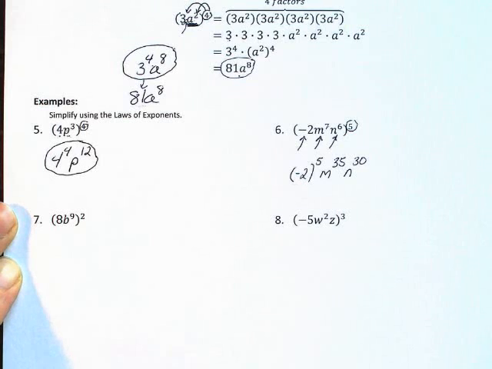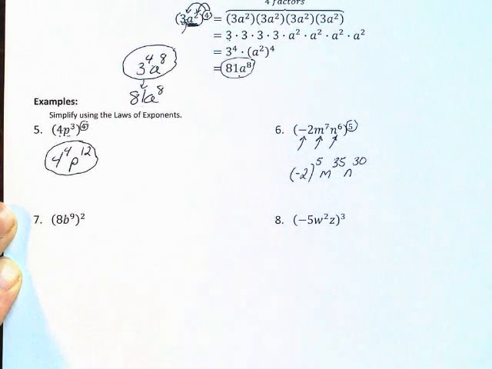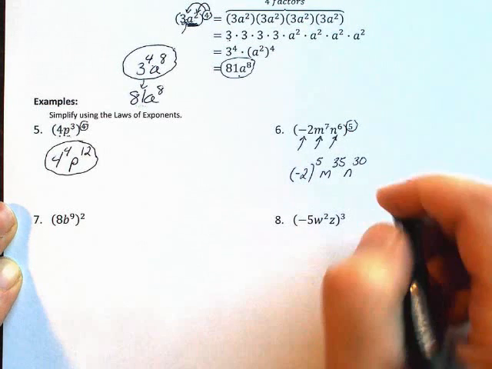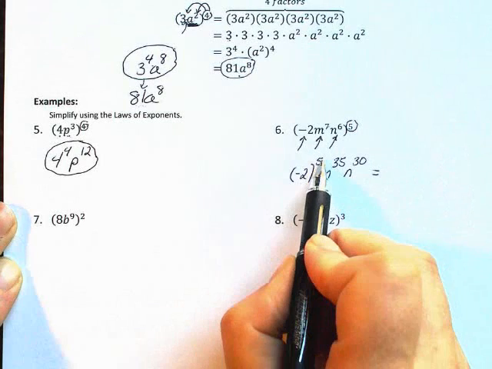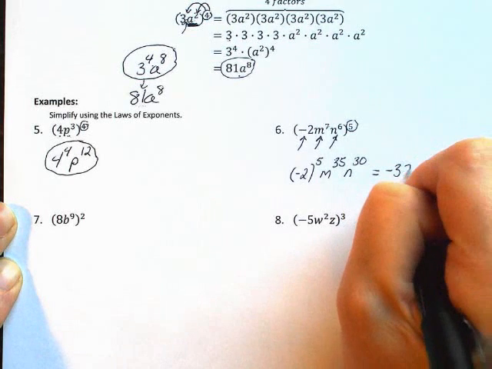There is one more thing that could be done. Because -2 to the 5th power is a pretty small number, it doesn't really take a calculator to find it. We certainly could evaluate -2 to the 5th power and get that as a single number. -2 times -2 is 4, times -2 is -8, times -2 is 16, and then times -2 is -32.